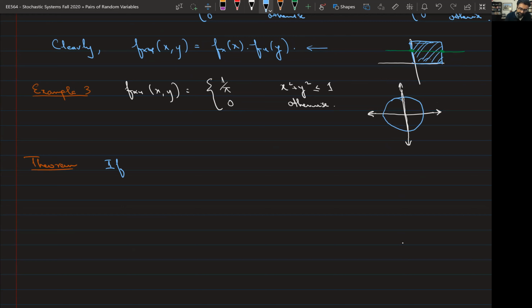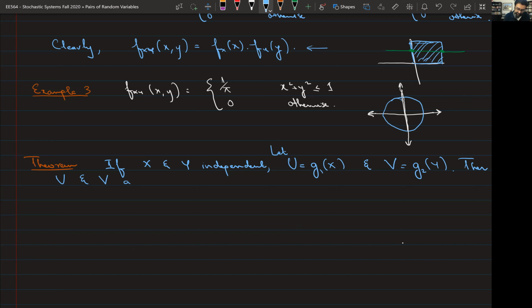If x and y are statistically independent, u equals g1 of x and v equals g2 of y, so v is some function of y, and u is some function of x, then the theorem states that u and v are also independent.